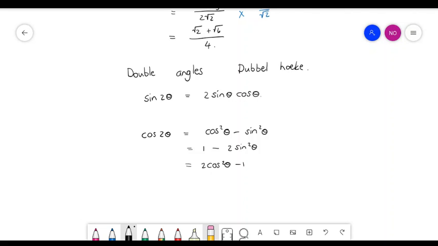Okay. Gelukkig het die sin ene net een uitbreiding, but the cos double angle has 3 different expansions. And our challenge is to know when to use which one.